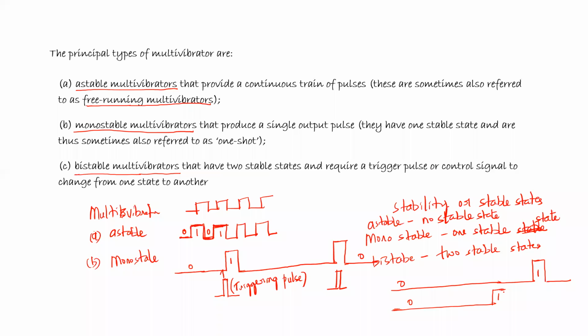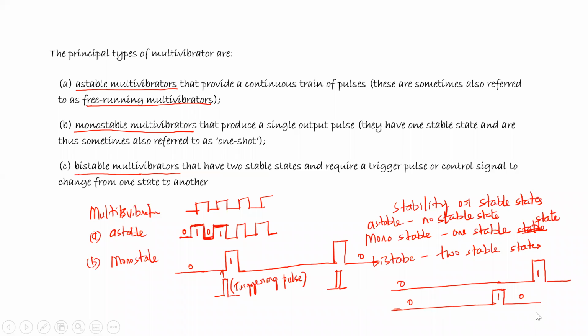It will be there as one for some duration, and again it becomes zero. So wherever you need something to go on only when you want it, you need a monostable multivibrator. It will be off for any duration unless we have applied the triggering pulse.